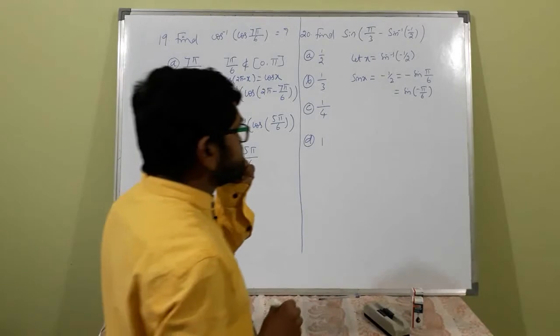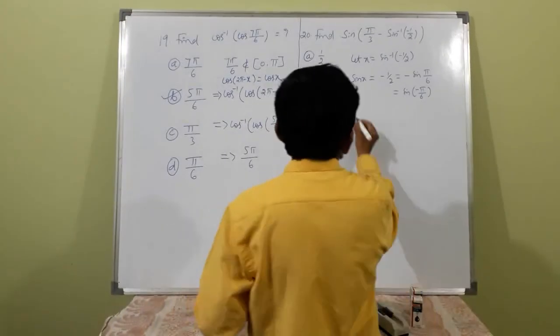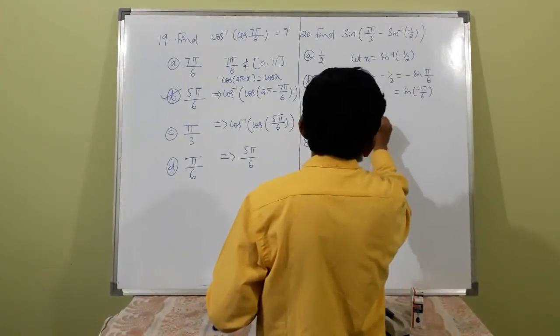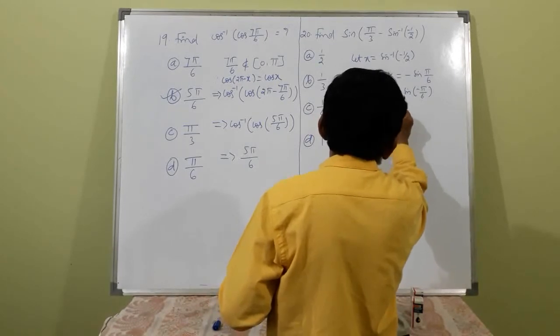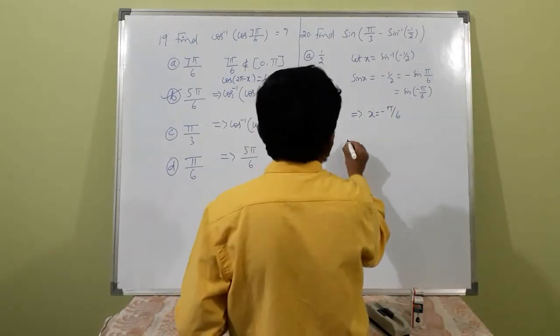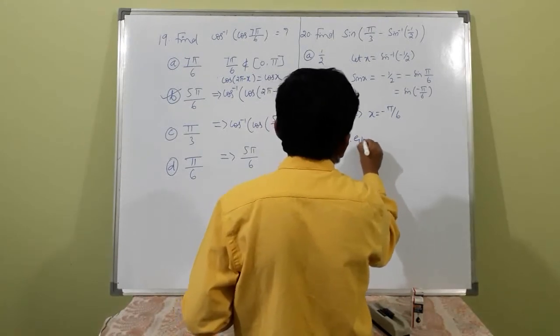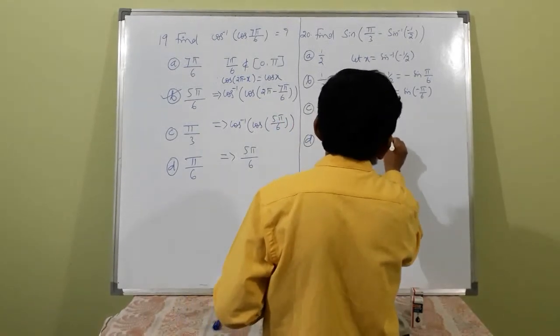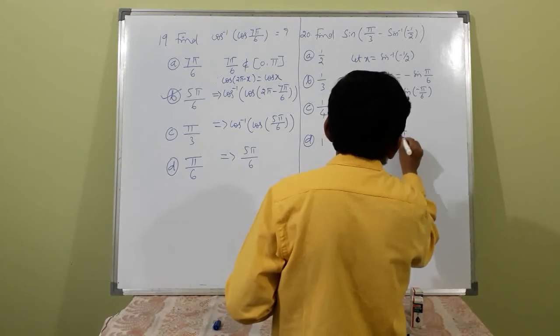Minus sin theta is equal to sin of minus theta. So this implies x is equal to minus 1 by 6. Okay, you substitute there. Therefore, the given expression is sin 5 by 3.